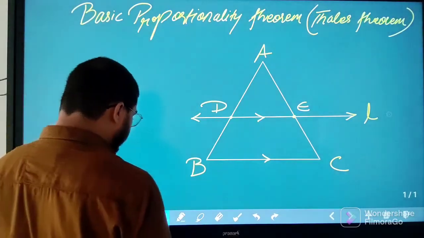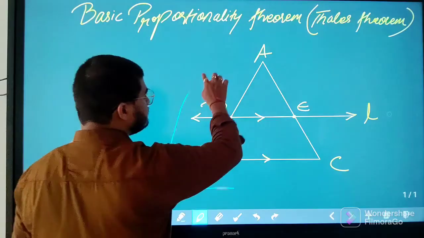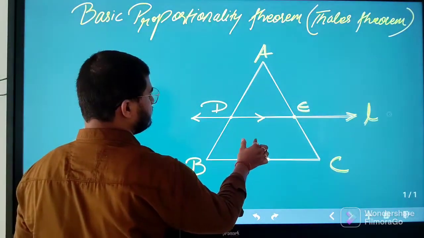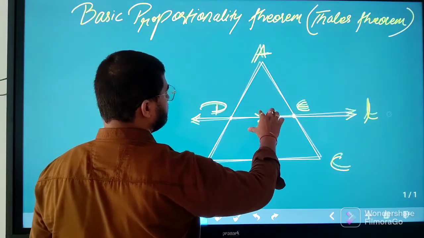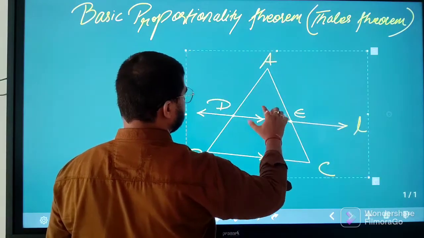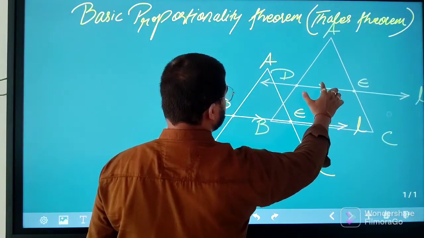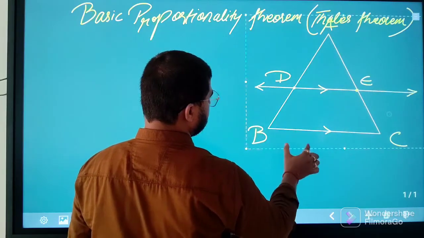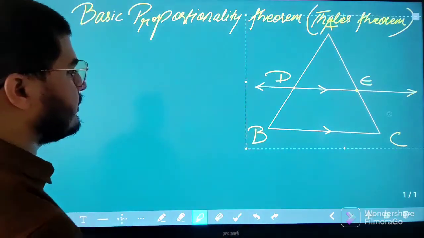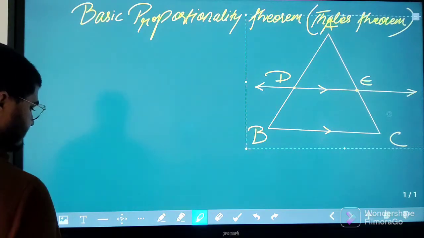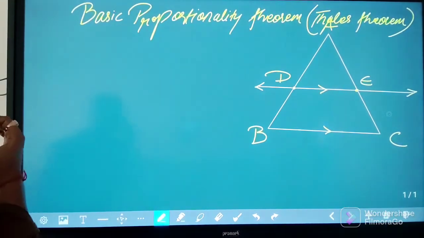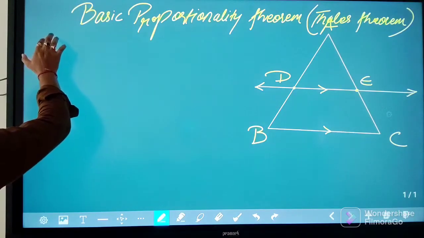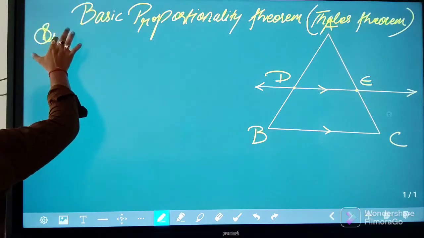So in order to understand this theorem, let's see how Thales got to that result. So we can say that this is a solution.